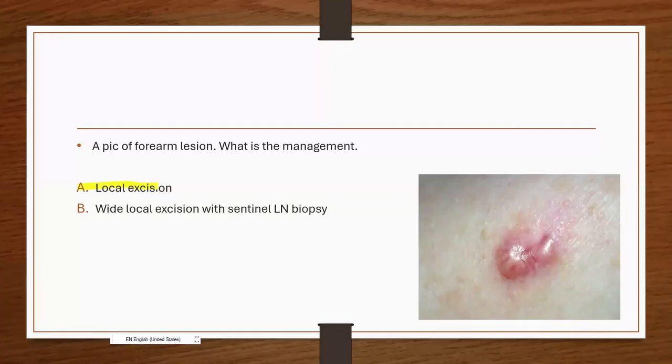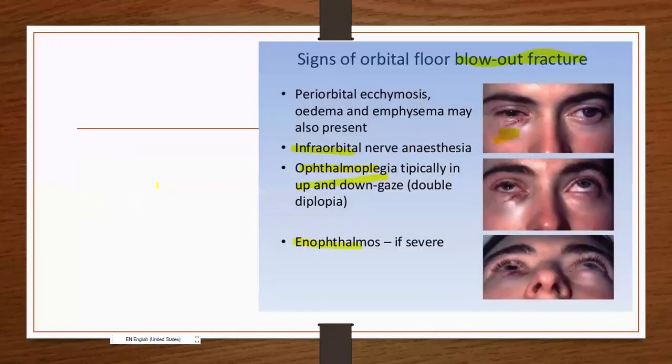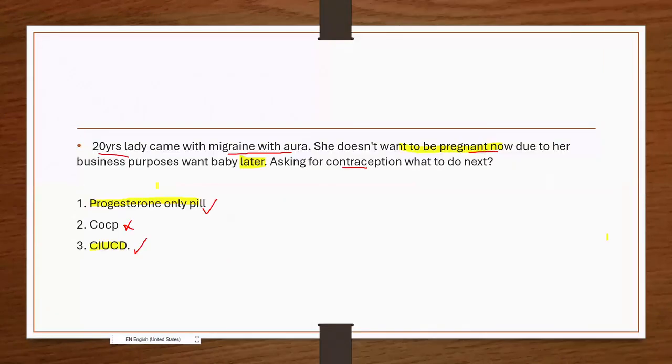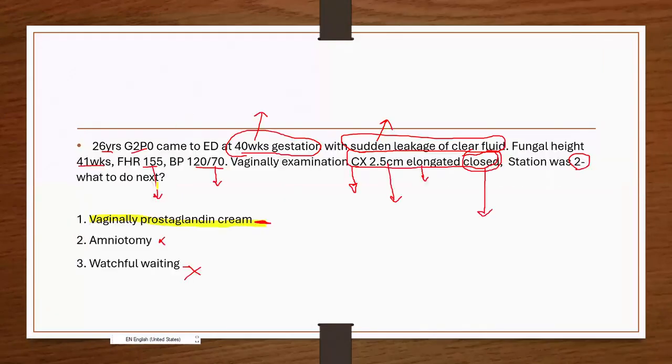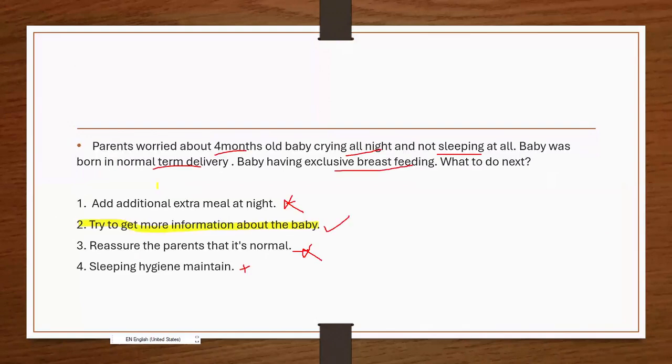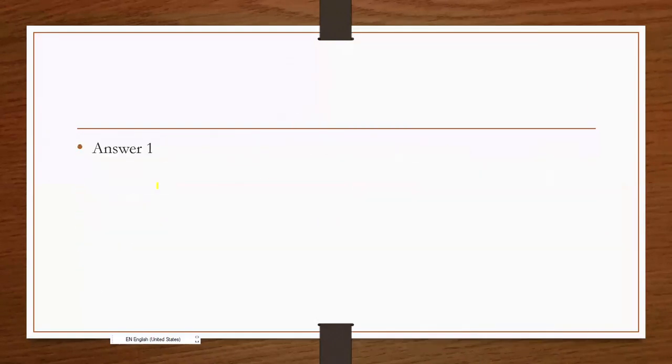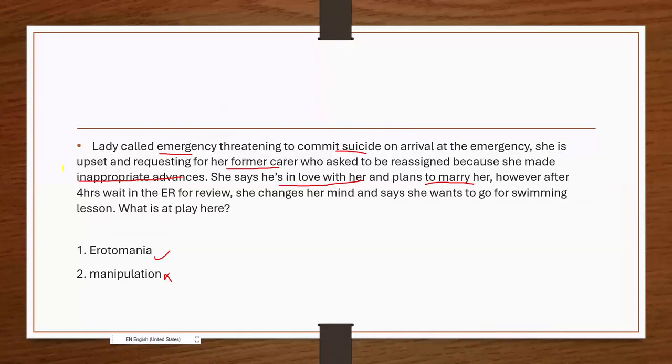All right. Now, before I move on to the next question, let me address the question which was previously asked about the erotomania question. There was a request to explain this again. Here, this lady is calling the emergency.